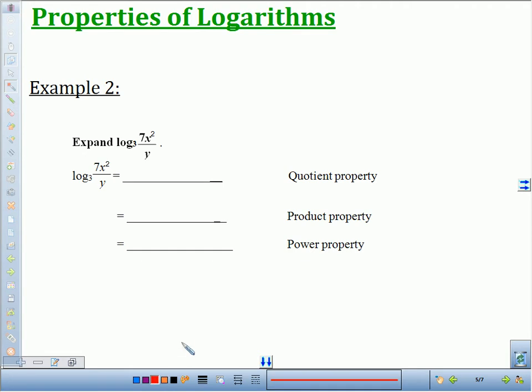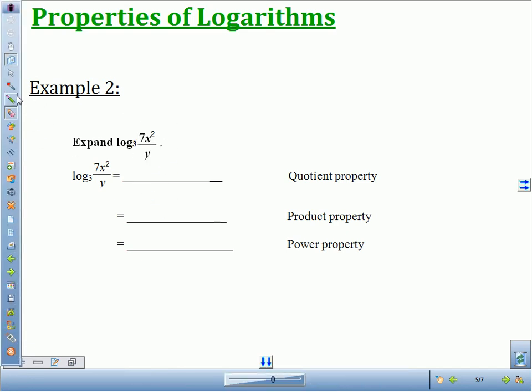So let's start with this. This is log base 3 of 7x squared divided by y. This whole thing here is what I'm taking the log of. Now, usually I'll want to start with my quotient property. That means if I have division, I want to do that first.